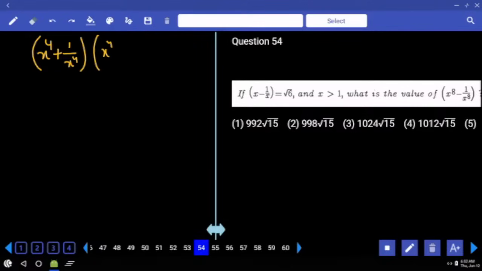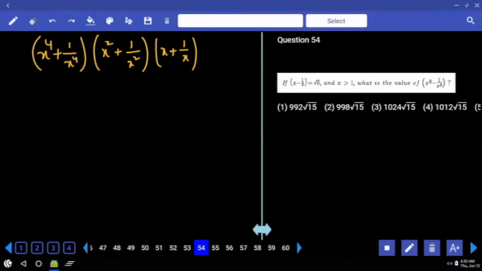So it becomes again x square plus 1 by x square into x square minus 1 by x square. Again, this also can be written in the form of a square minus b square. So that becomes x plus 1 by x into x minus 1 by x. We already know this one.